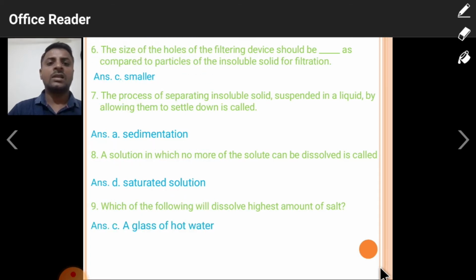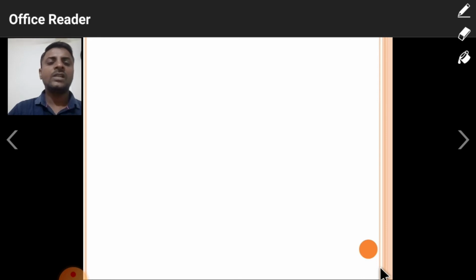The correct answer is C, a glass of hot water. Which of the following is soluble in water? The correct answer is sugar. So these are the MCQs. In the textbook you have to just tick or underline the correct options. Let's go ahead.